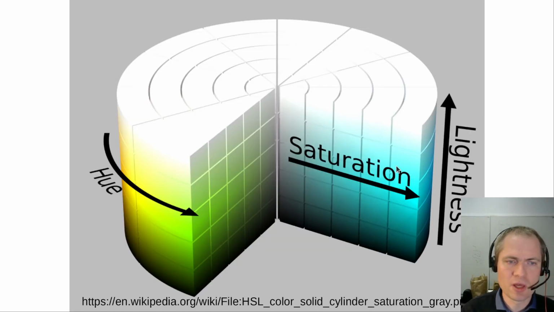A different approach that sometimes can be helpful to know is to use the HSL, the hue, saturation, and lightness color space, which has again 3 components, but they have a much different meaning than the red, green, and blue color channels we talked about before.